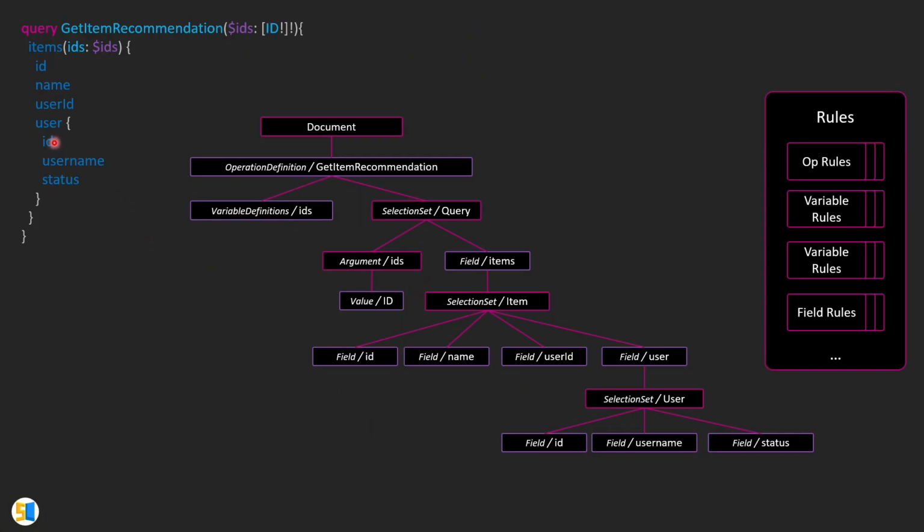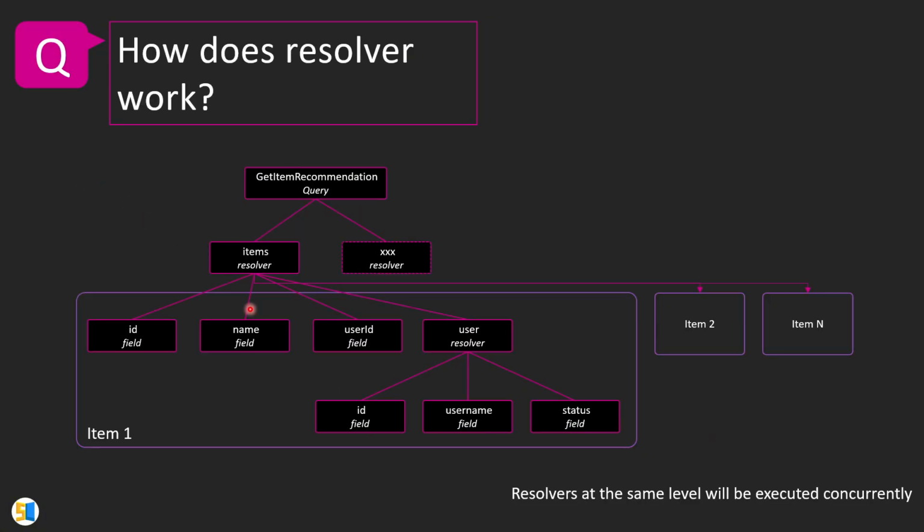In this case, ID, username, and status, right? So it will visit this node, grab the ID, put it in the output object, grab the username data, put it in the object, grab the status data, put it in the object. Right?